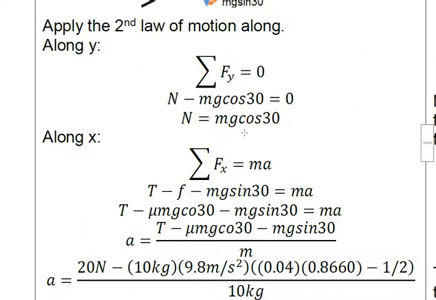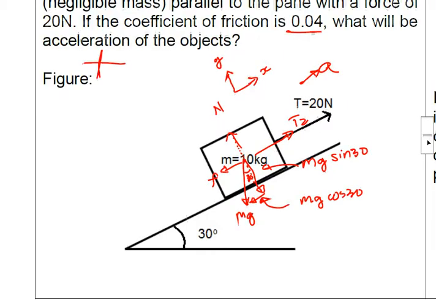So the forces along y, we have the normal force and of course the component of the weight, which is equal to, is this cosine? Really? Wait, let me check. Forgive me, this is wrong.